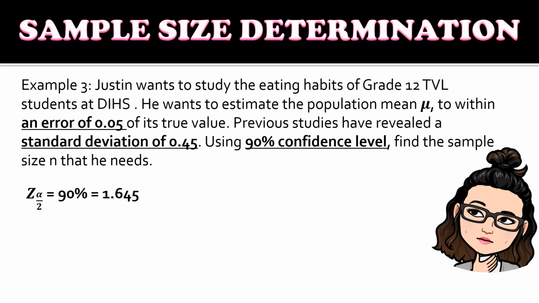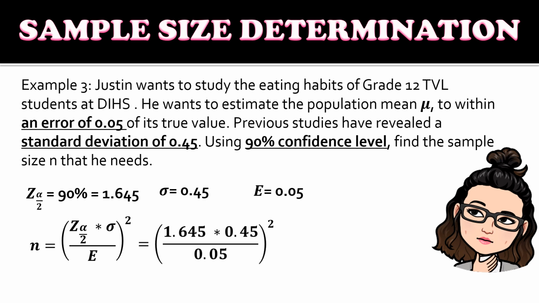We have the value of z at 90% confidence level, which is 1.645. The standard deviation is 0.45, and the error is 0.05. To get the sample size, we have the formula, then we just have to substitute the values.